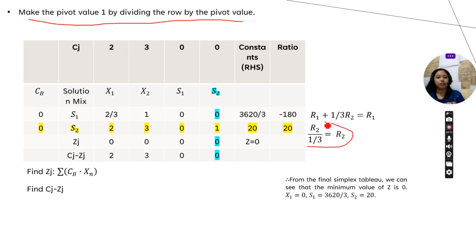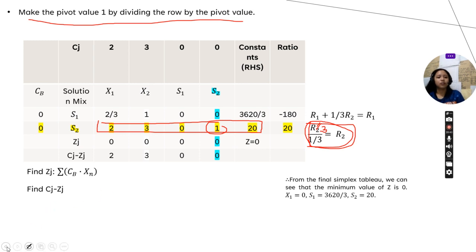This is the formula. 1/3 divided by 1/3 is 1. So let's apply this formula to here until here. So we get the 2, 3, 0, 1, 20.